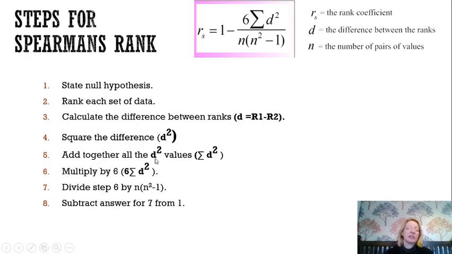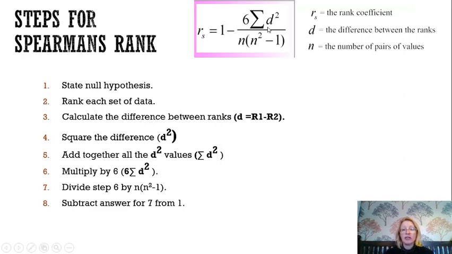We're going to be using Spearman's rank to have a look at that result and make some sense of it. The steps for Spearman's rank: the first thing we need to do is state the null hypothesis. Then we need to rank each of the data and calculate the difference between those ranks.